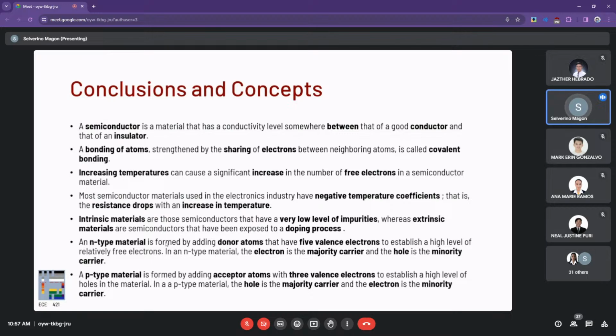Taking note that the hole is where we make use of the designation of the positive. Albeit we're not actually treating the proton as the positive, but the vacancy or the absence of an electron, which in the context of semiconductor physics we refer to as the hole.